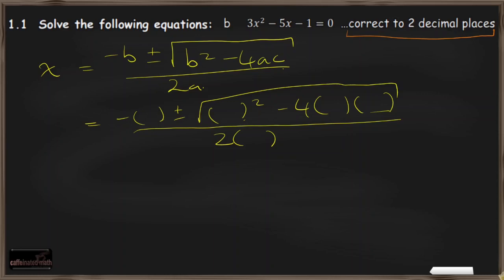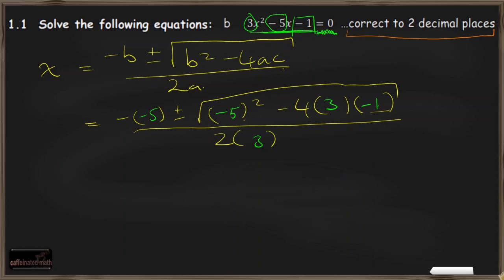Let's pick another color to do the actual substitution. So our b value is -5 over there, so that goes there and there. That's our a value, that goes there and there, and then remember, with the sign included, it's -1. All of this only works if everything is equal to 0, and our standard form is once again present.